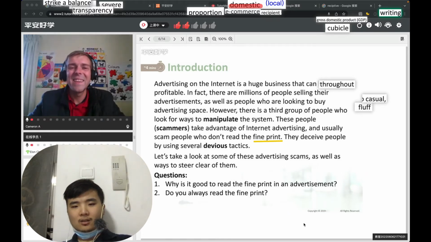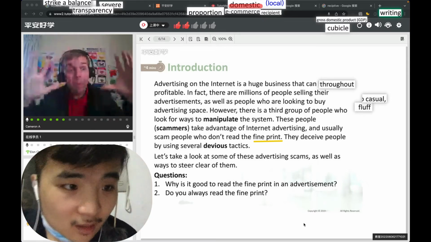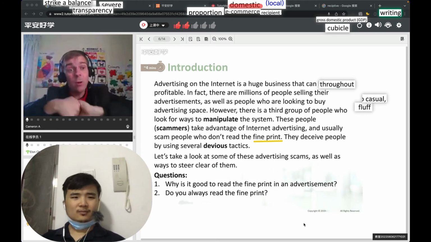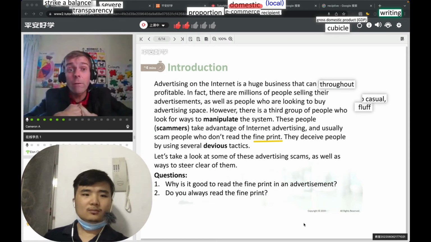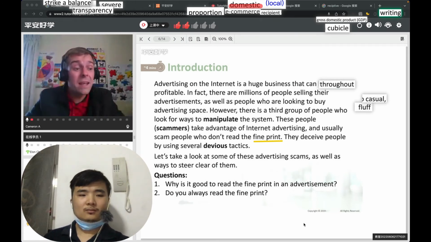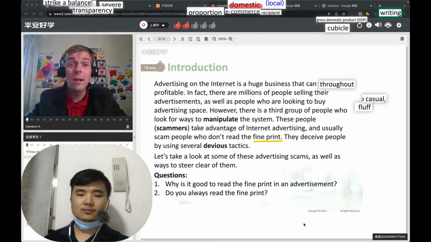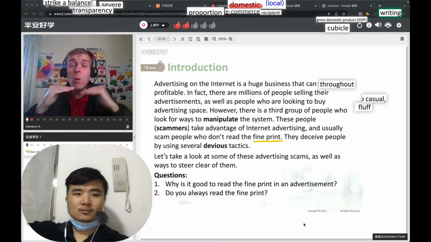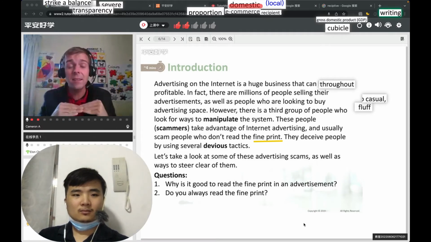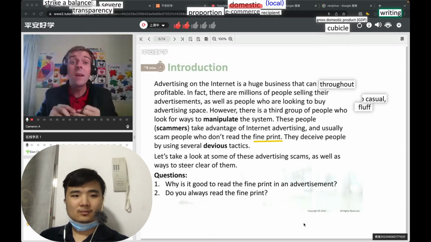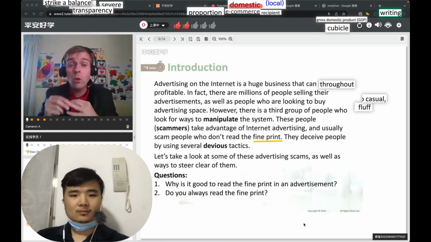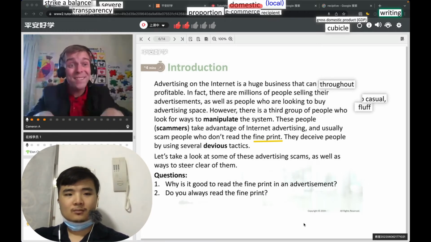Okay. The fine print is all the details of a transaction. So you can have a big deal. You agree, I'm gonna buy the car from the company, and I'm gonna pay $10,000 for the car. And then the fine print will be all the details underneath it, like I need to pay cash before the end of the month. The car must be returned to me the same way it is now.